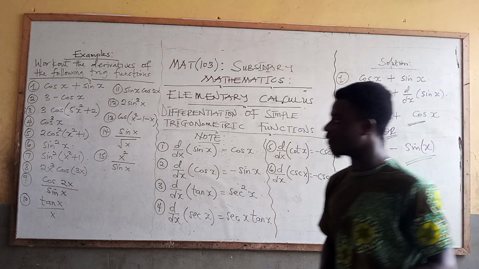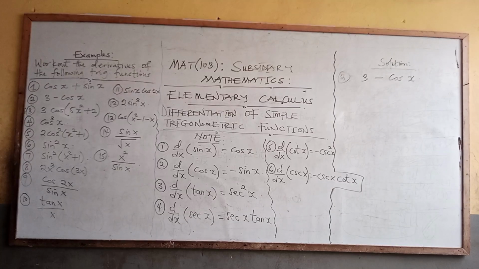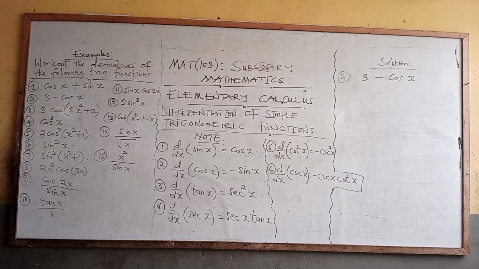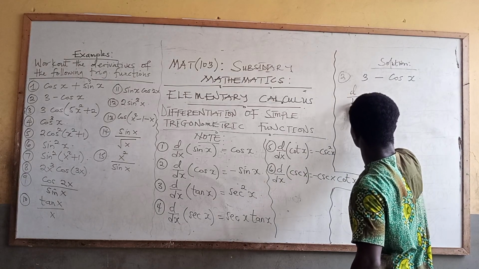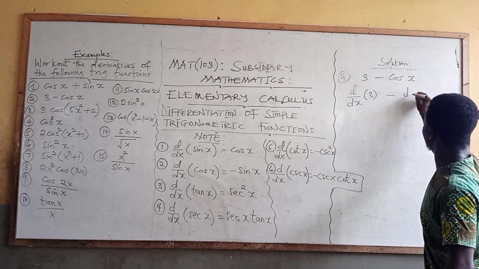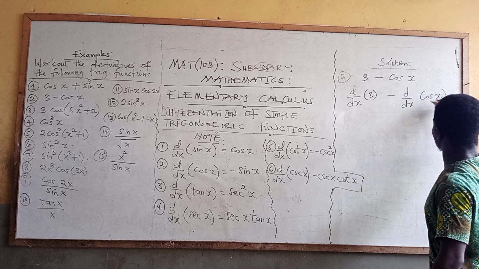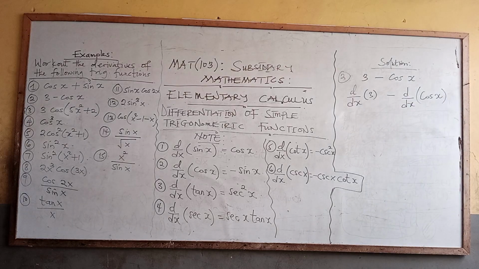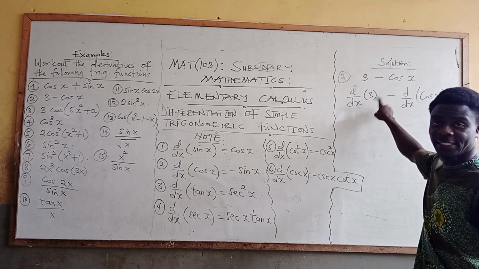So we have that. Let's proceed to question 2. 3 minus cos x. How do we differentiate that? We differentiate 3 with respect to x, minus we differentiate cos x with respect to x. When you differentiate this 3 with respect to x, it's a constant.